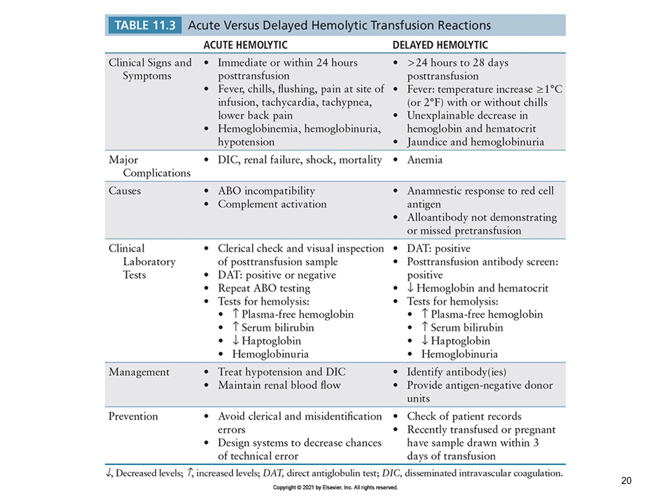And as far as management, with your acute, you're just going to monitor and treat those symptoms that are taking place, as well as try to avoid whatever potentially happened to cause that error, whether it was clerical errors or whatever. And then with those delayed transfusion reactions, of course, working it up and trying to figure out what that antibody is and providing antigen negative units for that patient in the future.